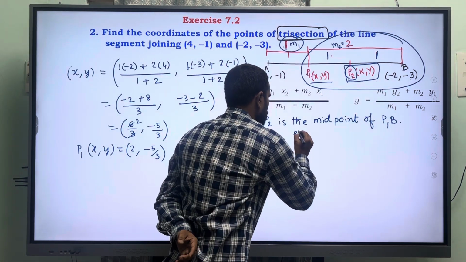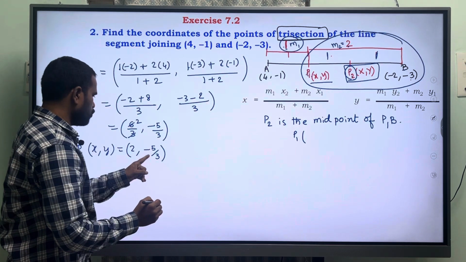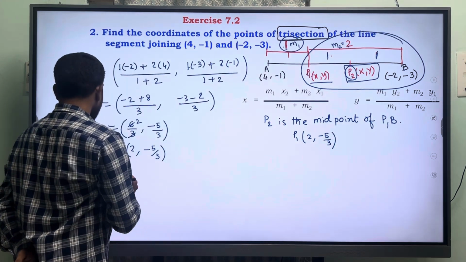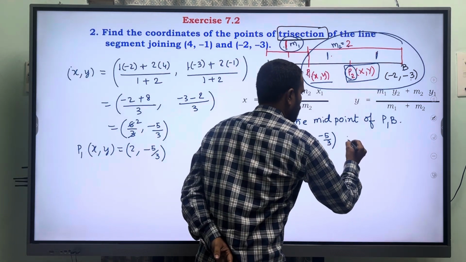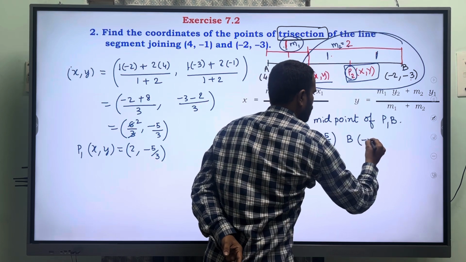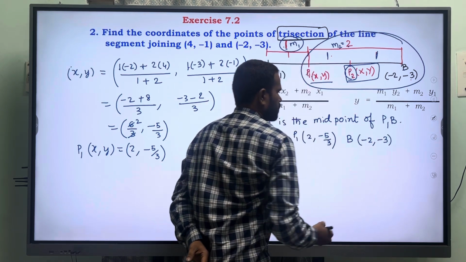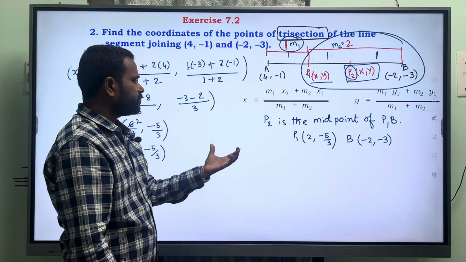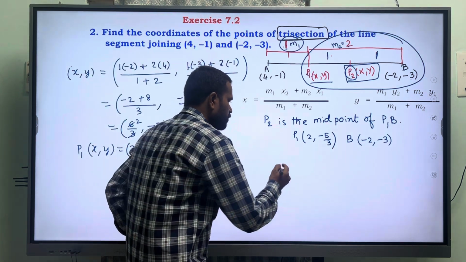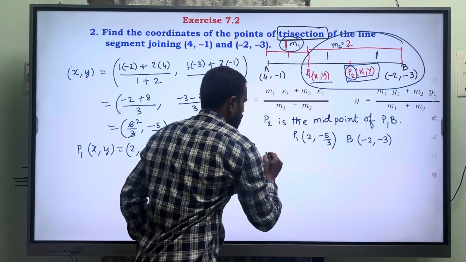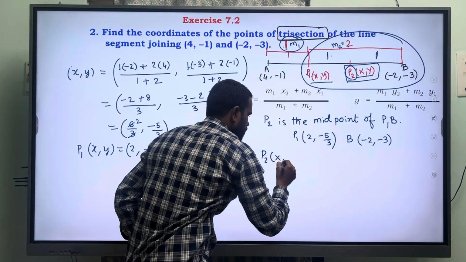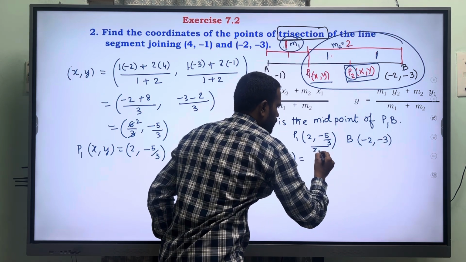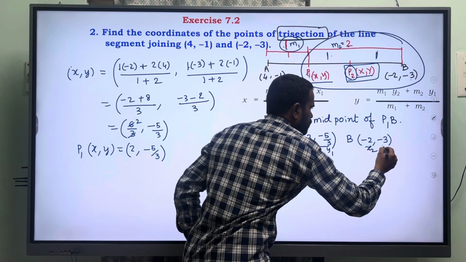What is P1? P1 is here we have found, right, 2 comma minus 5 by 3, and what is B? Minus 2 comma minus 3. Okay, now what we need to find? The midpoint of this, right? What is the midpoint formula? Just now we have seen this is the midpoint, right? P2 is the midpoint. x comma y is equals to this. I will give names x1, y1, x2, y2.